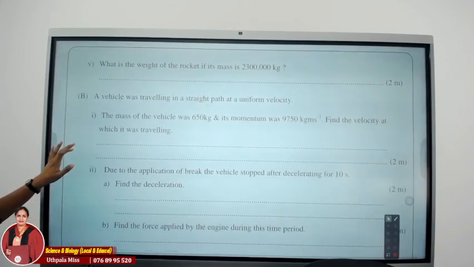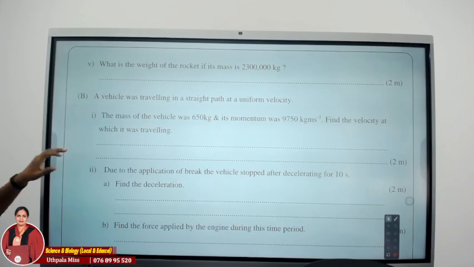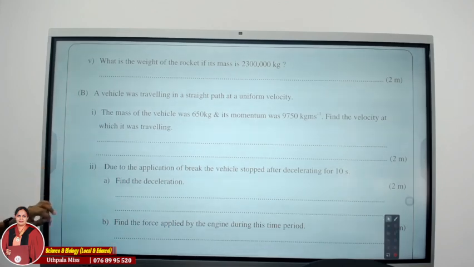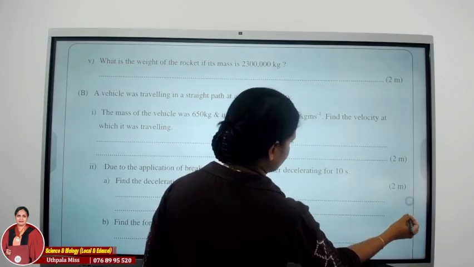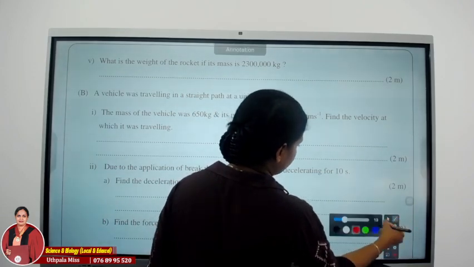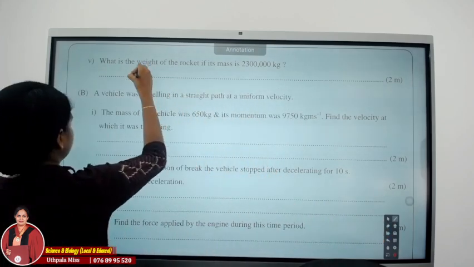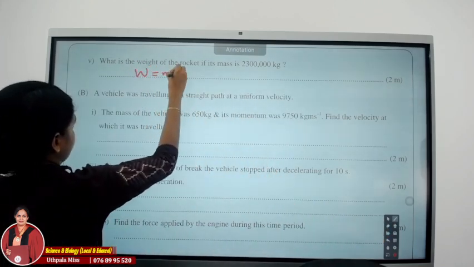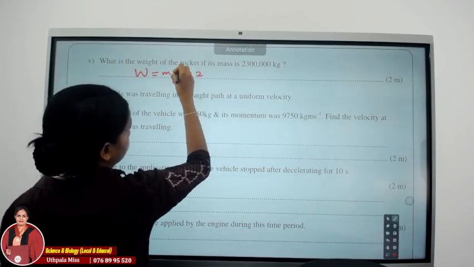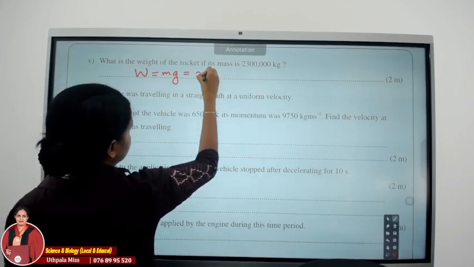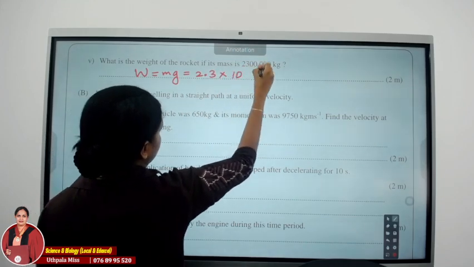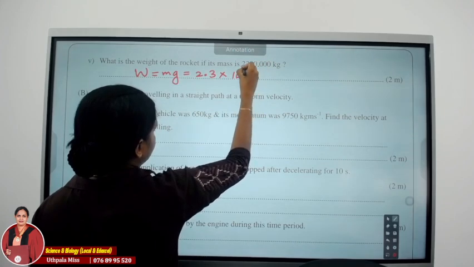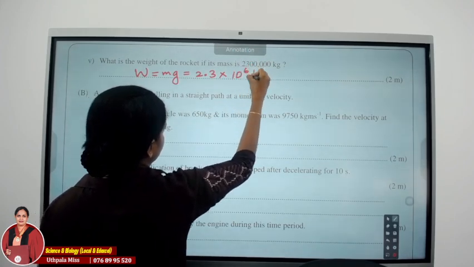What is the weight of the rocket if its mass is 2,300,000 kilograms? So once again you can use the equation W equals mg. The mass is given as 2.3 into 10 to the power 6 kilograms.